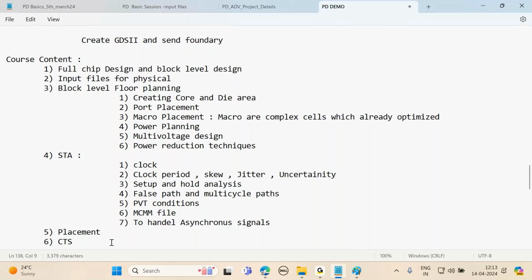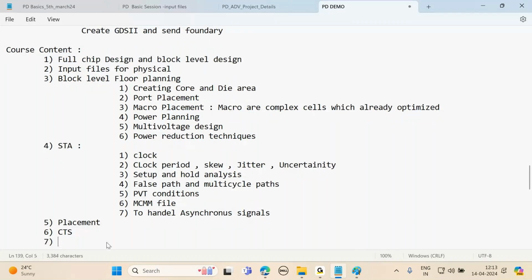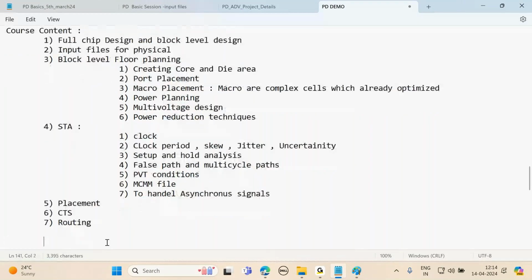After CTS, next you have routing. In routing, we discuss routing issues. If you have any shorts, opens, any DRC violations, or anything called LVS violations, then how to fix all these things. We discuss routing and its issues. After routing, we discuss sign-off checks.